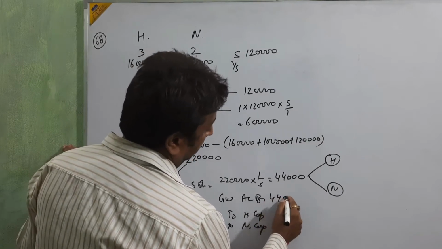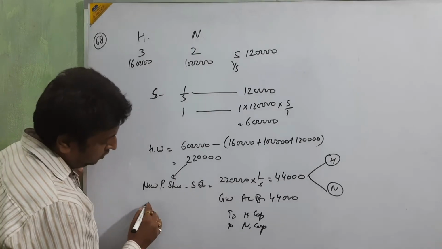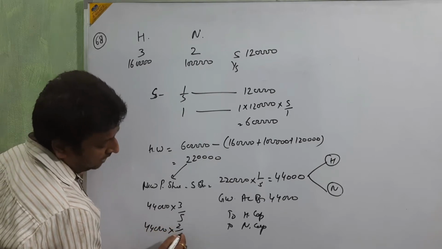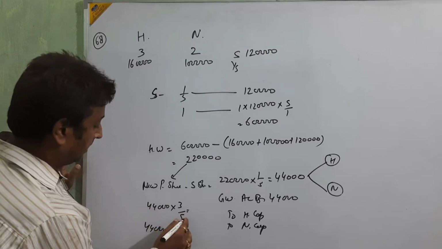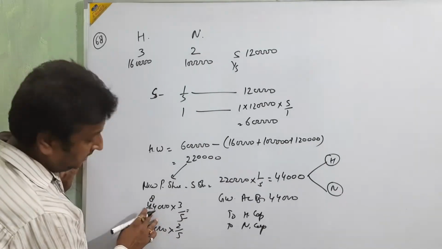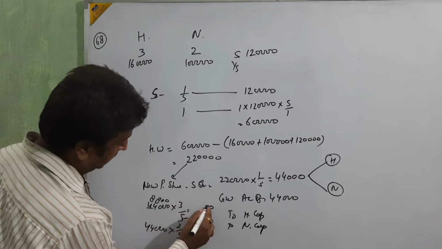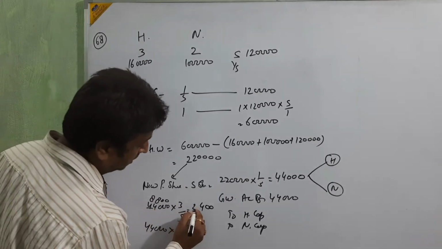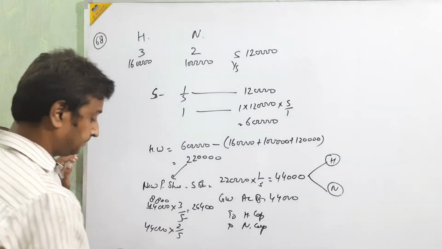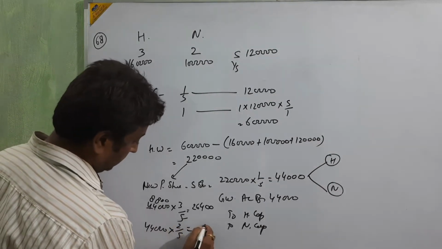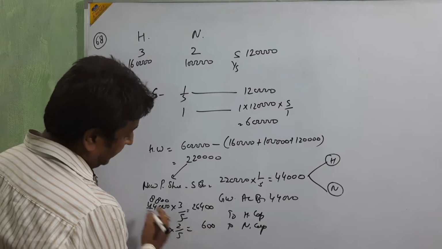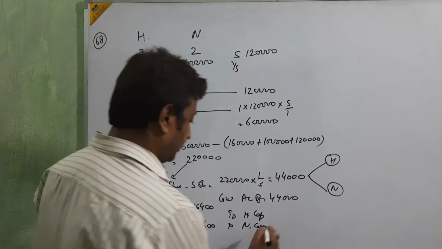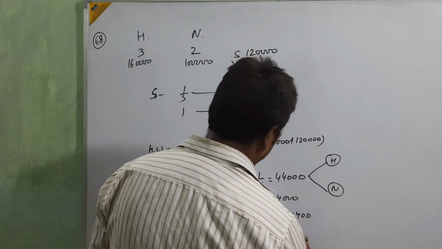Then 44,000 is divided in 3:2. That is 44,000 into 3/5 and 44,000 into 2/5. The amounts coming are 26,400 and 17,600.